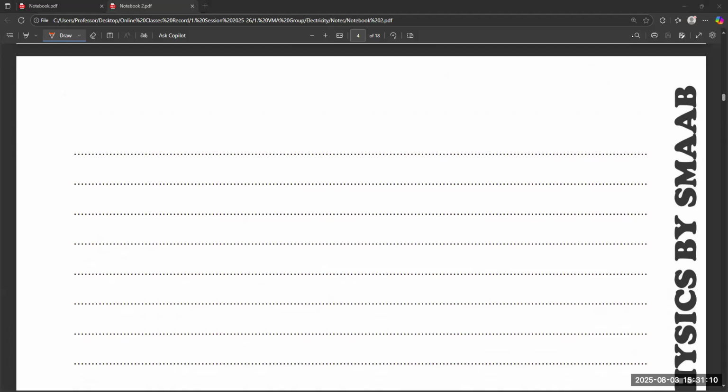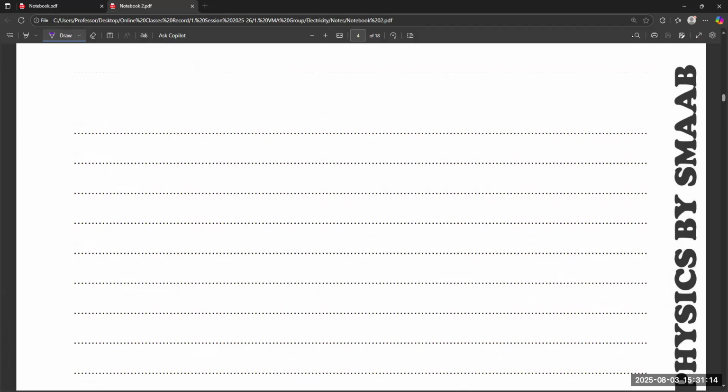Okay, so according to the concept of the formula, starting from the basic idea, the number of turns in the secondary coil is directly proportional to the voltage in the secondary coil. In the same way, if we find the ratio with the number of turns in the primary coil, so same voltage in the primary coil.